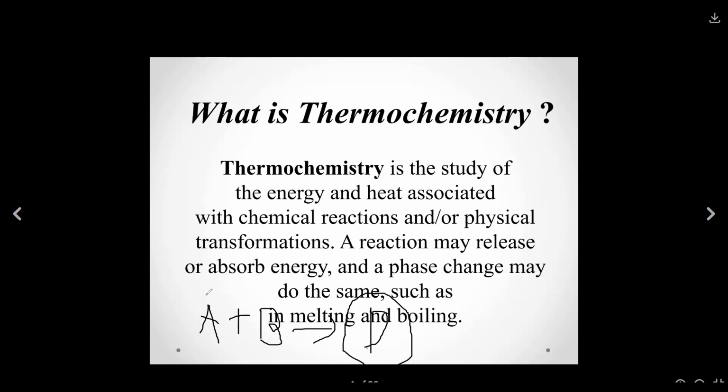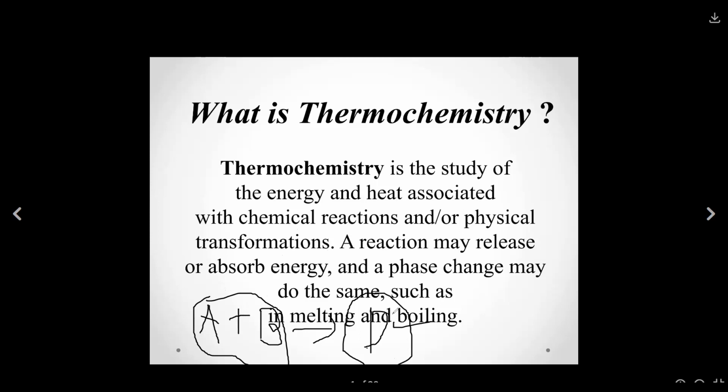the amount of heat or energy that is consumed by this substrate to produce the products, or the amount of heat that is released by this A and B to produce the product P, is what you call thermochemistry. Because remember, when we say chemical reactions, it means when you have reactants converted to produce products, or the product converted back to produce the reactant.